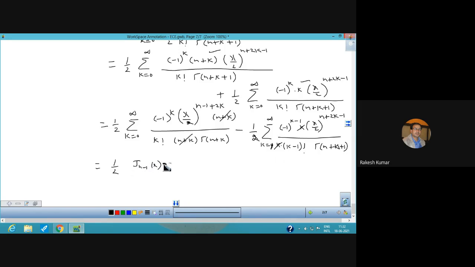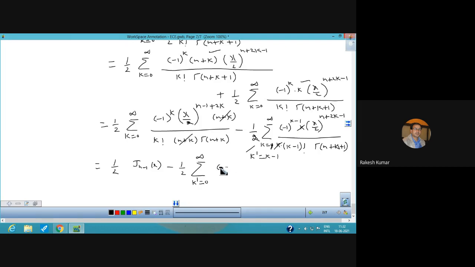This we have used in first recurrence relation, and similarly, we can make an adjustment over here, and in the adjustment, you just put in this summation, use k dash is equal to k minus 1. So your k dash will vary from 0 to infinity now.